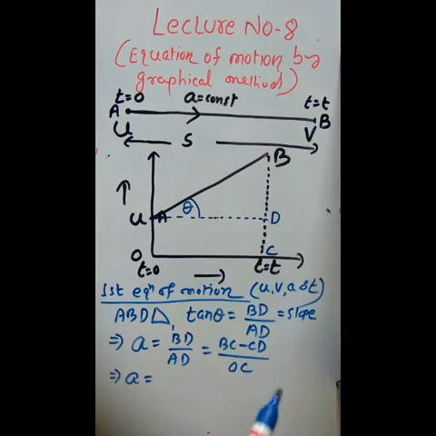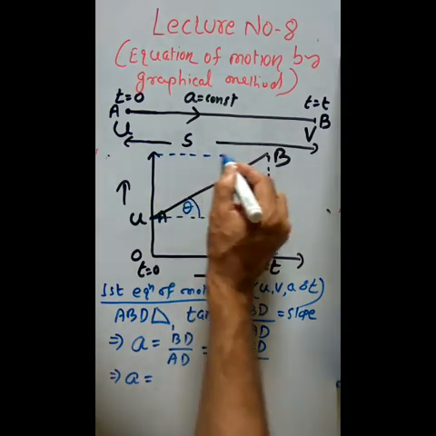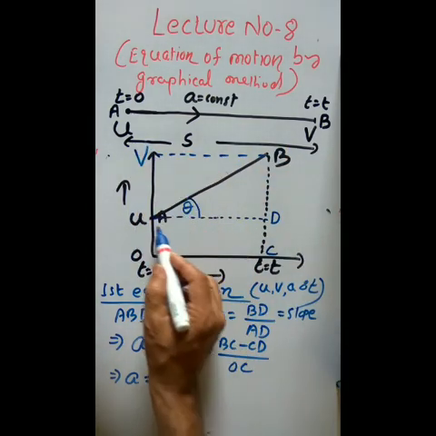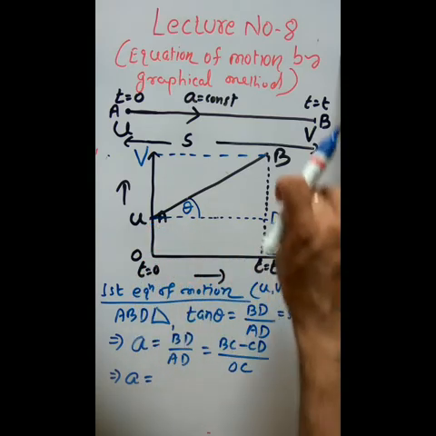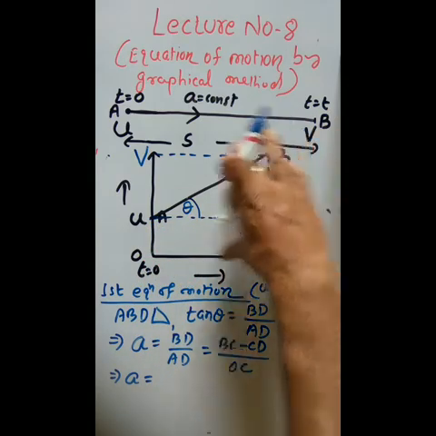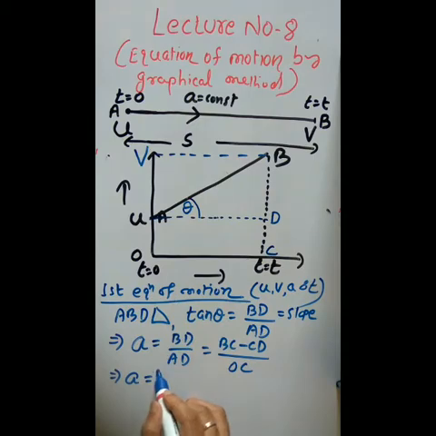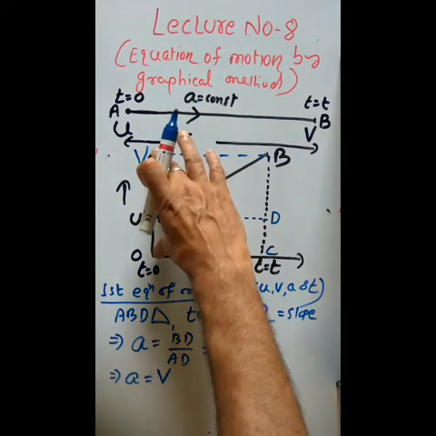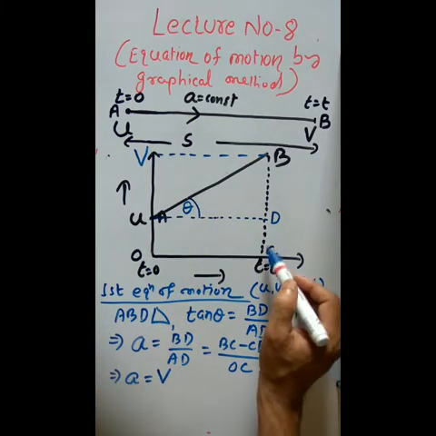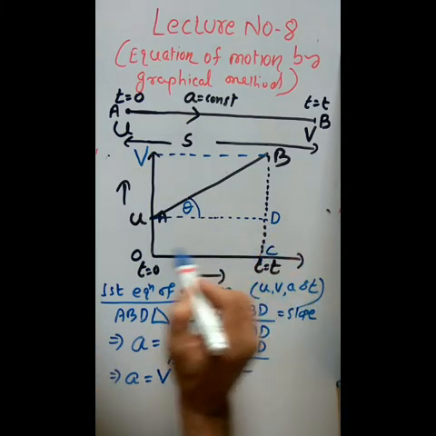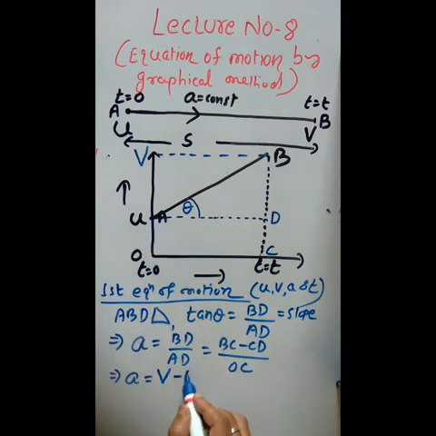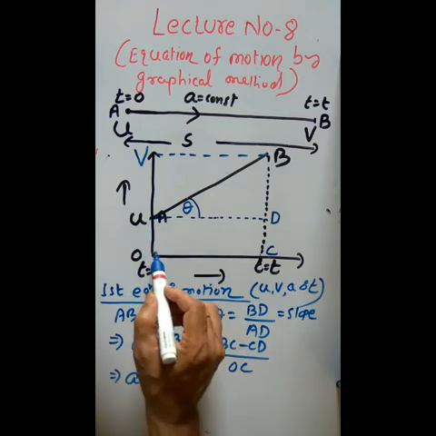What is BC? You see the final velocity is V, initial velocity is U. So BC is nothing but V, because BC is taken on the vertical axis and this BC magnitude is equal to V. And CD magnitude is equal to OA magnitude, which is equal to U. So V minus U by what is OC?